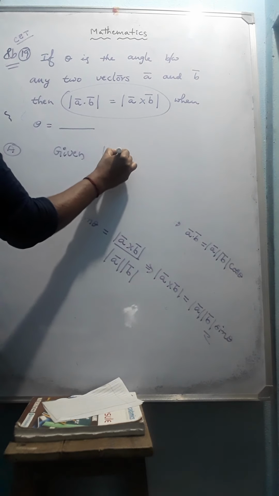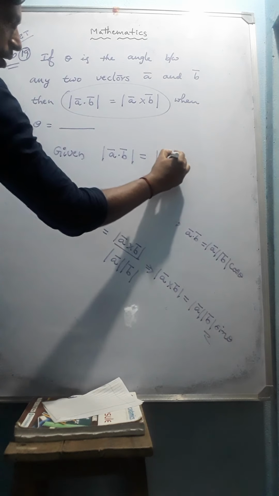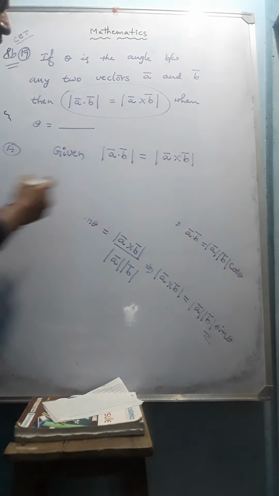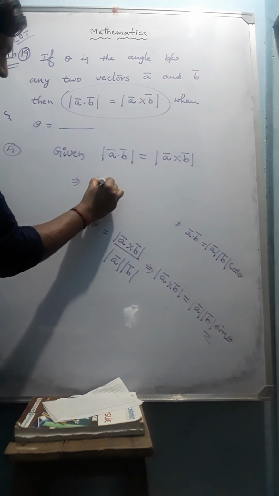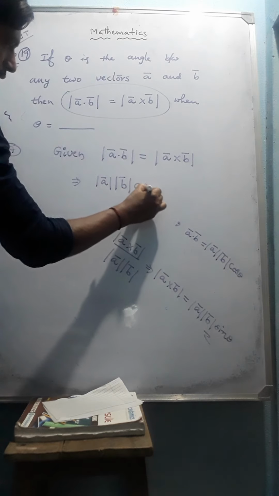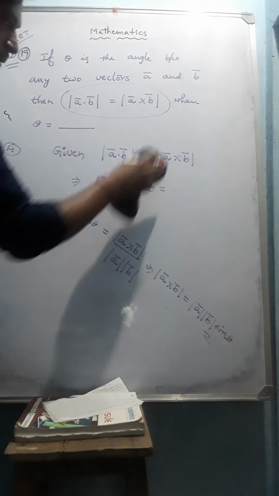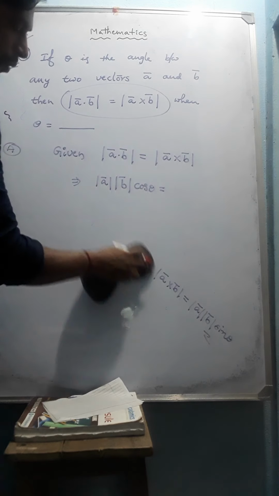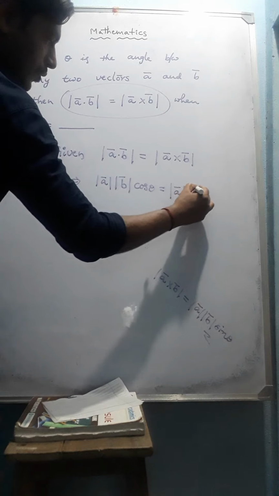So given modulus a dot b is equal to modulus a cross b, here you should write modulus a into modulus b into cos theta is equal to modulus a into modulus b into sin theta.